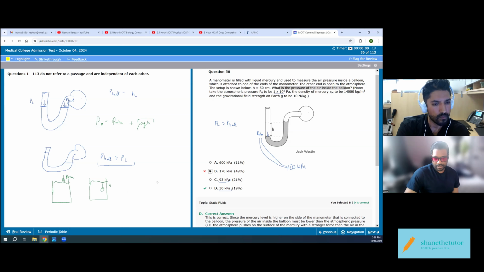Now this ball still experiences the atmospheric pressure, but it also experiences the pressure of the water on top of it, which we can express as rho GH, rho being the density of that water or fluid, G being the gravitational field strength, H being how deep it is, right?